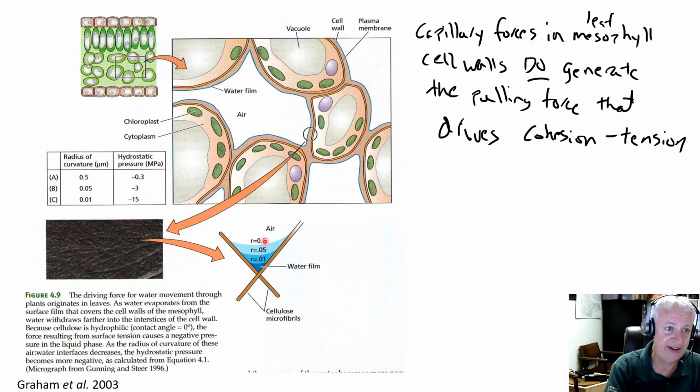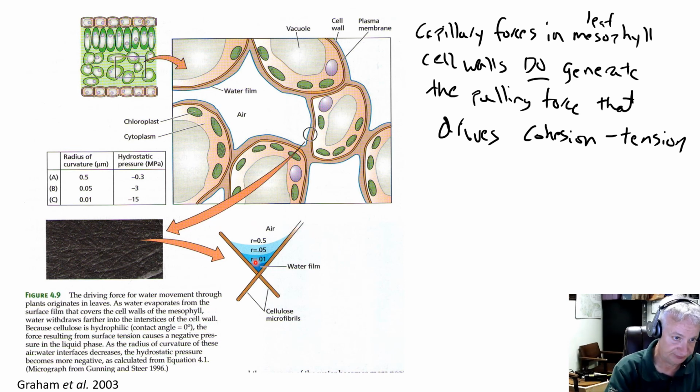As that water evaporates from those cellulose microfibrils, it forms a meniscus. So this curvature between the cellulose microfibrils is a meniscus that's caused by the clinging of those water molecules to the cellulose microfibrils. Just like water in a capillary tube clings to the walls of that tube, the water clings to the sides of those cellulose microfibrils. And the more the water evaporates, the steeper that curve becomes.